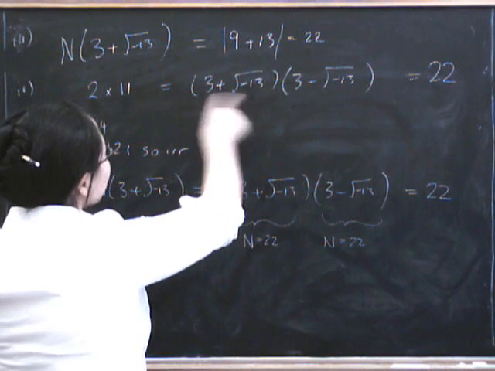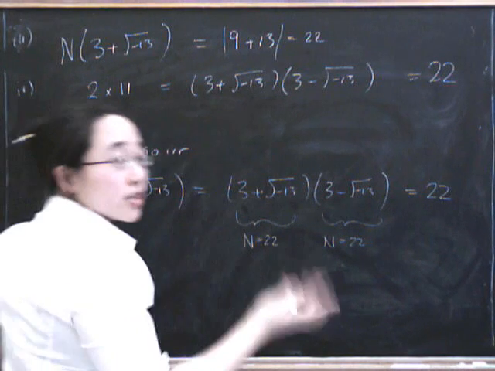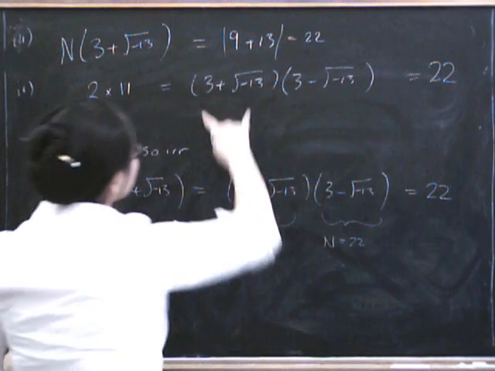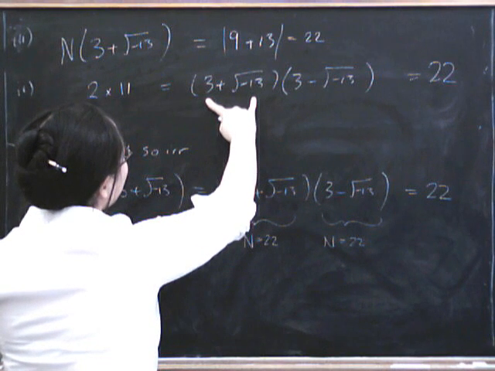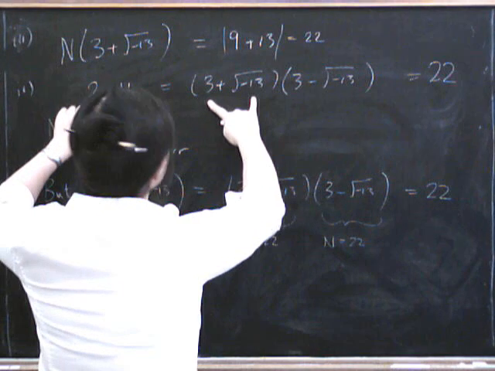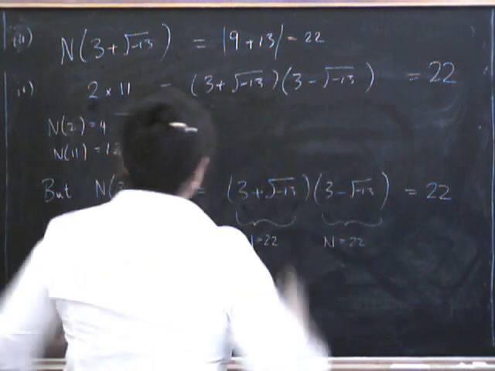If we could multiply them by units to get each other, then they'd have the same norms because a unit has norm 1. So another way of thinking about it is that the only units in here are plus or minus 1, and 2 is clearly not plus or minus that, or plus or minus that, and nor is 11.